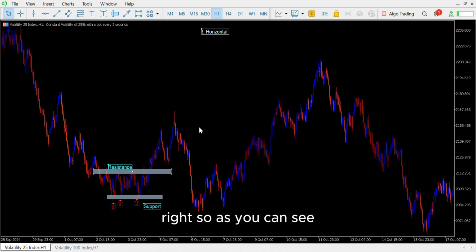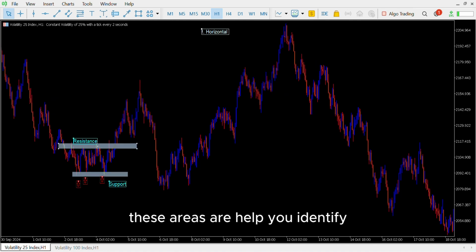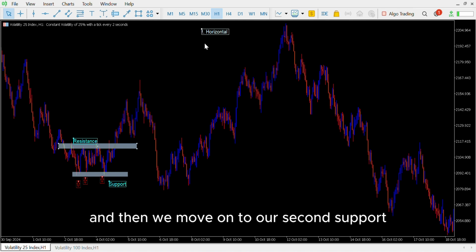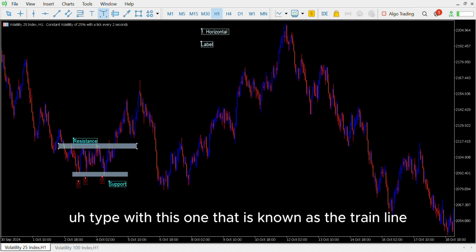Right. So as you can see, these areas are very important because this one is the support and this one is the resistance. These areas help you identify the areas where the bulls are strong and the areas where the bears are strong. And then we move on to our second support or resistance type.